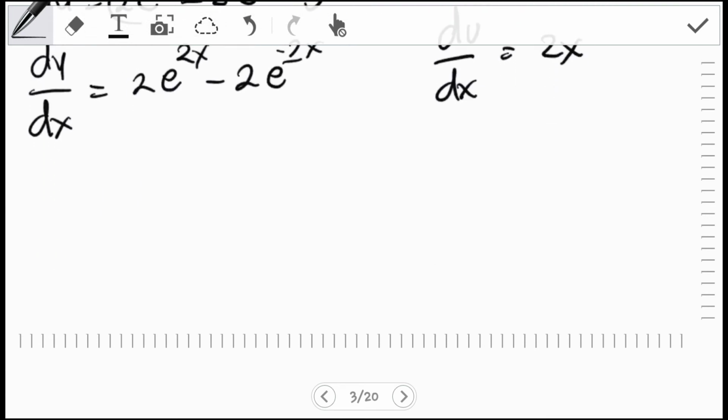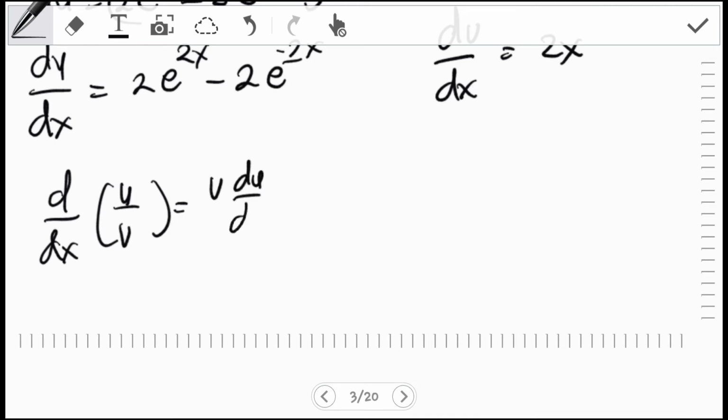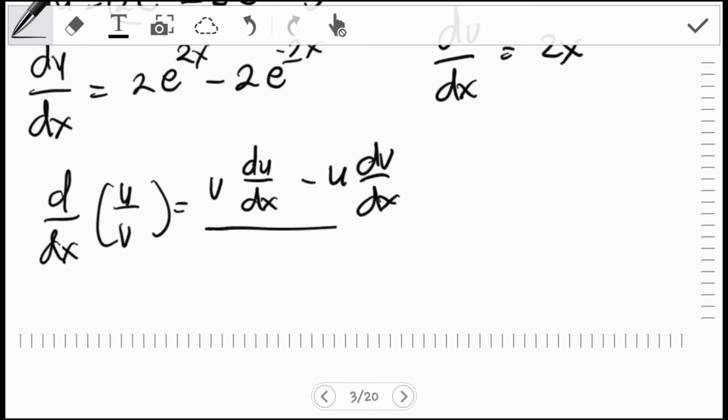So we use this formula, the quotient rule: d over dx of u over v is equal to v du over dx minus u dv over dx, all over v squared. Okay.